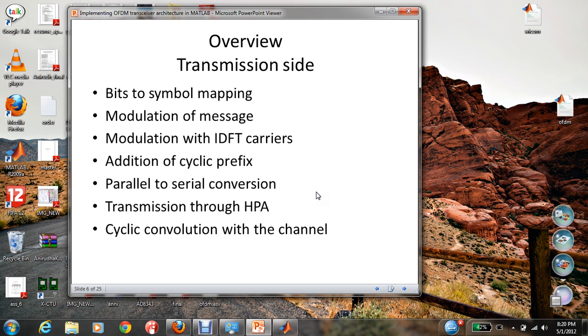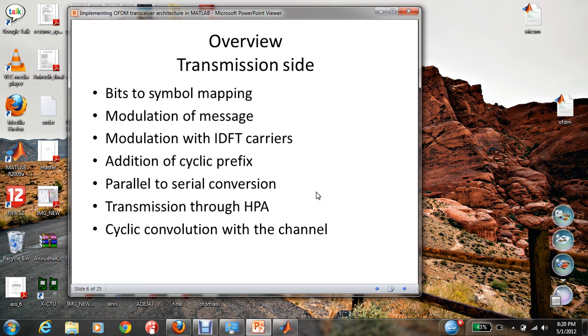At the receiver end, it is convolved with the channel, and the convolution with the channel is not a linear convolution but a circular convolution. As a result, the necessary 0 to m symbols are unaffected by the cyclic prefix. That is, there is no intersymbol interference in the 0 to m symbols, and the resultant L minus 1 samples are removed at the receiver end.